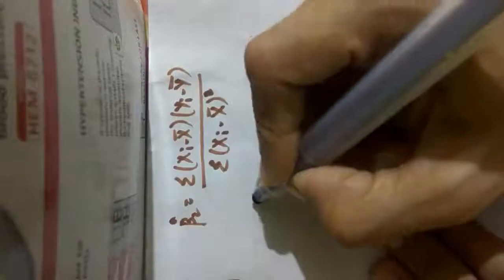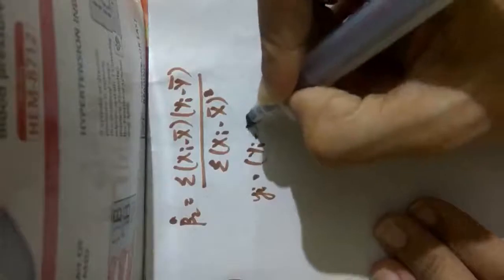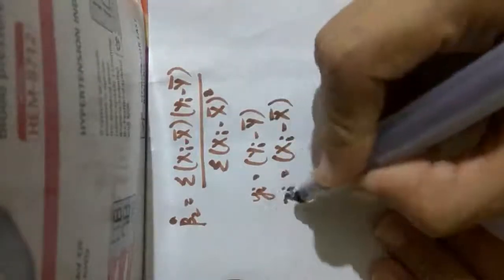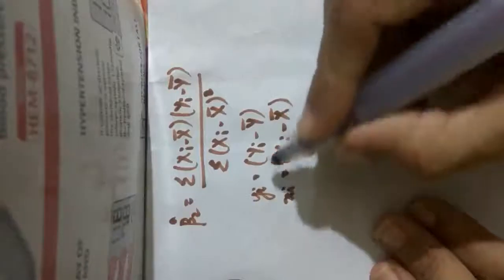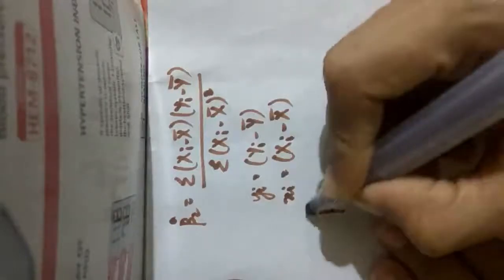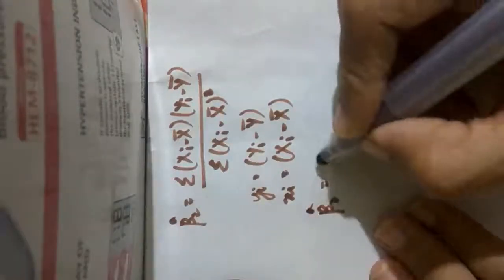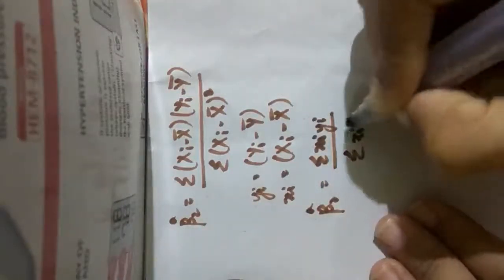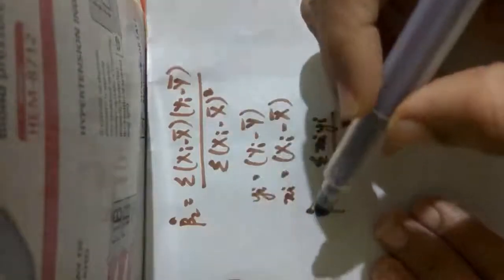If we denote yi minus y bar as yi and xi minus x bar as xi, observe that these small letters denote deviations from the mean for each variable. I can write this in a much simpler notation as summation xi yi divided by summation xi squared. Now this formula is the same as the earlier formula that I showed.